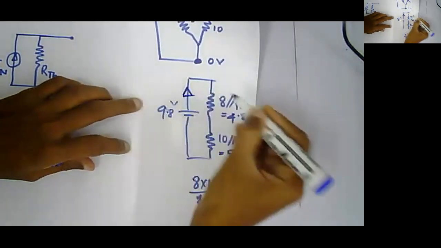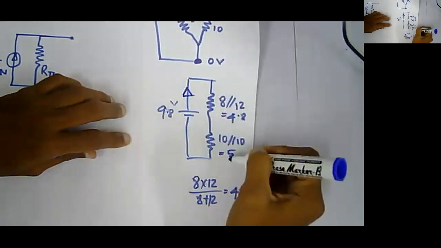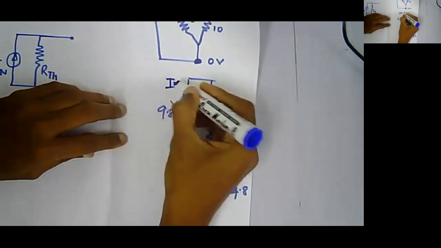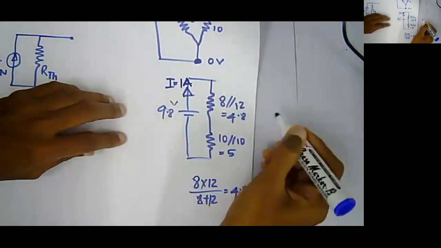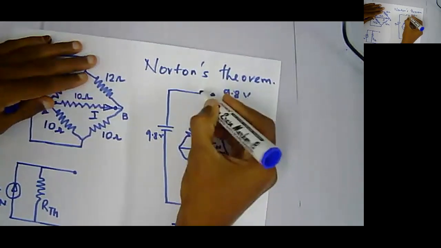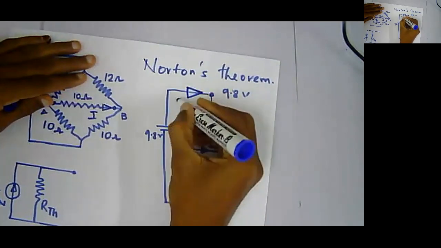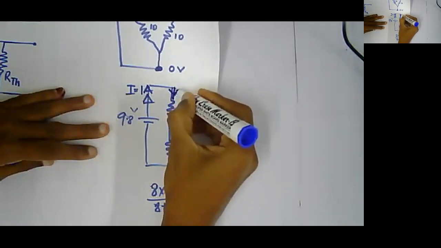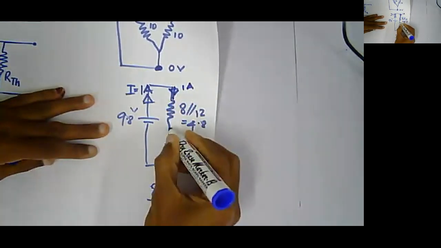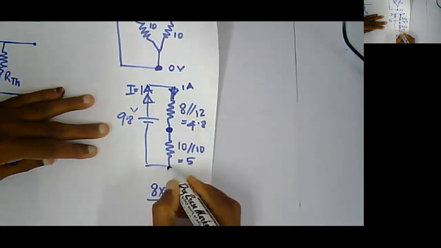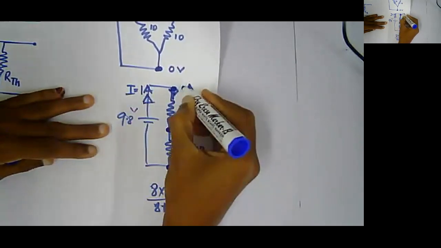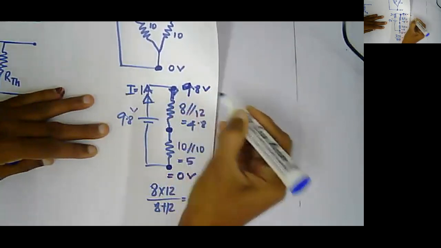So the net current from the circuit is 9.8 volts over 9.8 ohms. Hence, we have I as 1 ampere, right? Which means we are going to have a current of 1 ampere here. And if the current through the path is 1 ampere, let the voltage at this point be 0 volt, and the voltage at this point will be 9.8 volt.